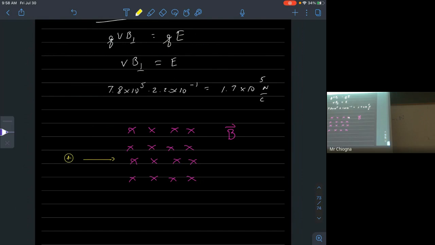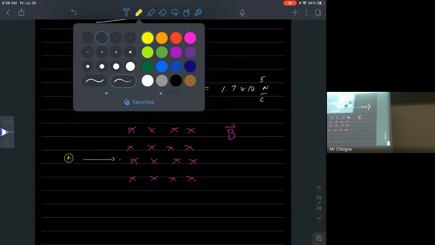Okay, normally, if it was just a magnetic field, it would be deflected up, like that. That's the way it would move. But it's not just a magnetic field. We're told that the electric field and magnetic field are perpendicular to each other. So I'll put the electric field in orange.